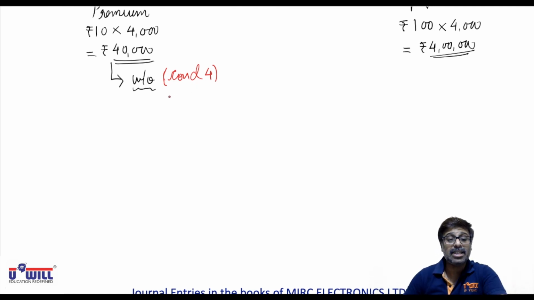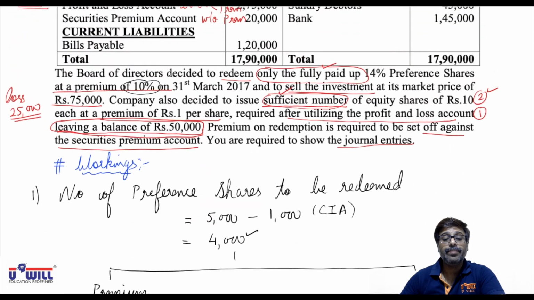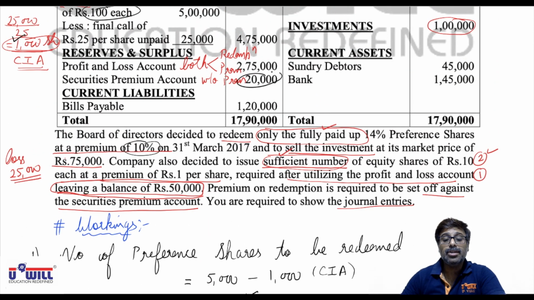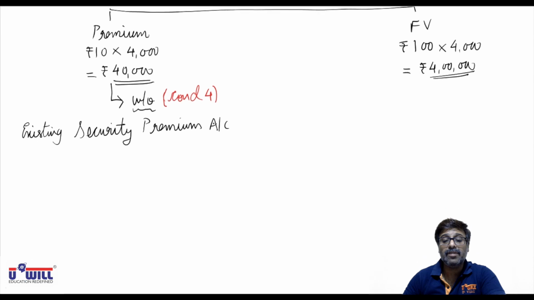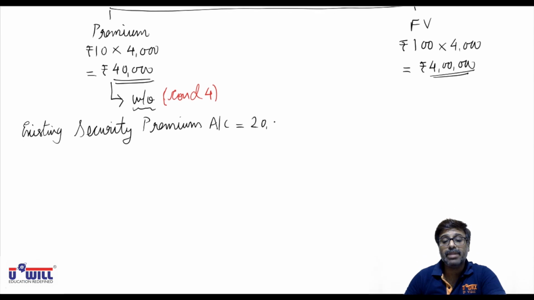First priority is security premium account and second priority is profit and loss account. So security premium account. Now what is the existing security premium account? See on the liabilities side, 20,000. So out of 40,000, 20,000 we will use from the existing security premium account.